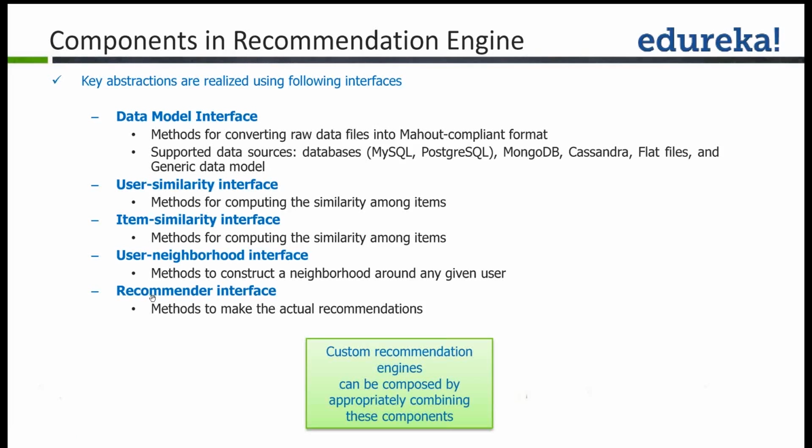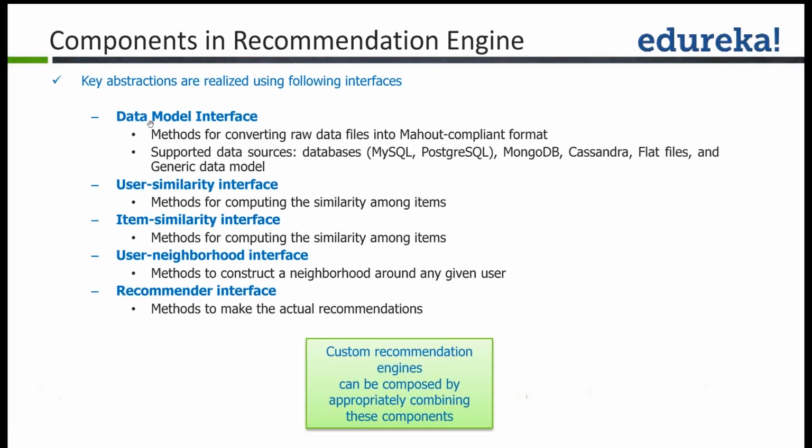And ultimately there is a recommender interface, which is essentially methods to make actual recommendations. And then you can build your own recommendation engine by composing different methods from these different interfaces.